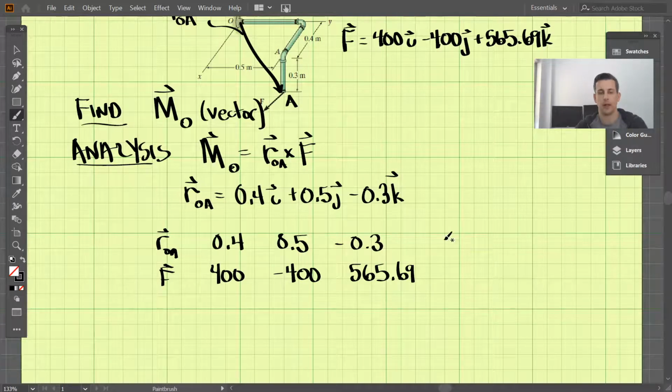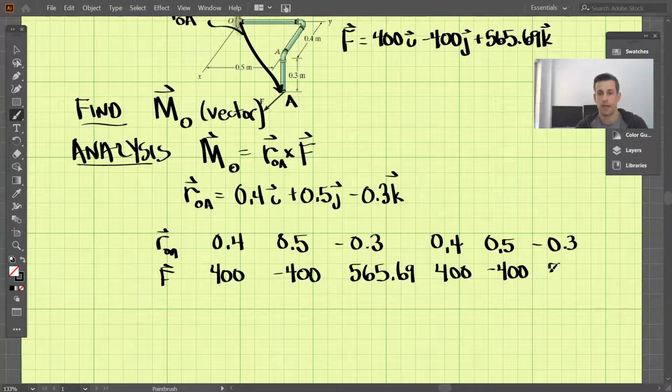You can use the one we went through in class if you wish. So I'm just going to repeat the R vector, 0.4, 0.5, negative 0.3, and then repeat the F vector again, which is 400, negative 400, and 565.69.